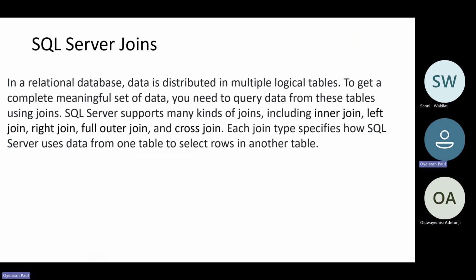So the types of join we have, like I said earlier, we have the inner join. With inner join, we are collecting only the values that are common to both tables. I want to join my table 1 and table 2 together, where my ID is equal to the customer ID.